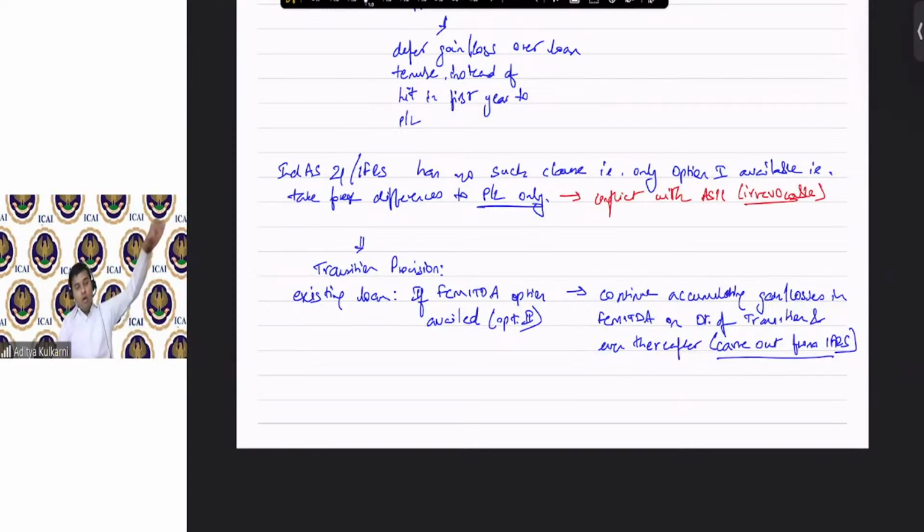That means the loan was taken in the previous regime. Along with the loan, you had taken option 2 to accumulate differences in FCMITDA. Now the transition has happened. Loan balance is still existing and therefore in respect of the existing loan balance, I had taken an irrevocable option to accumulate the forex gains or losses in FCMITDA account.